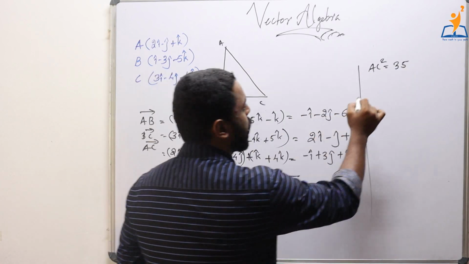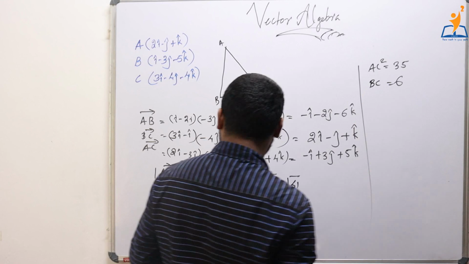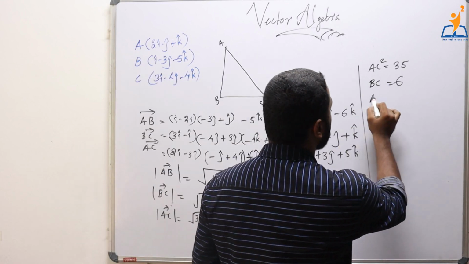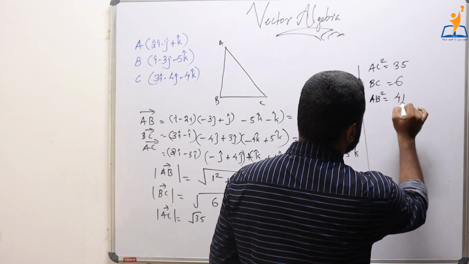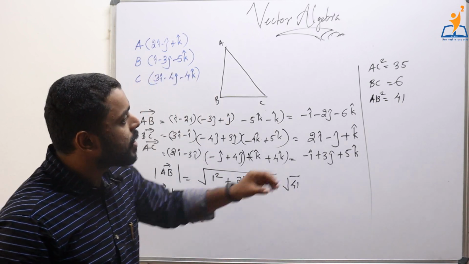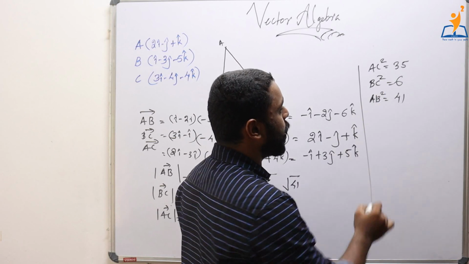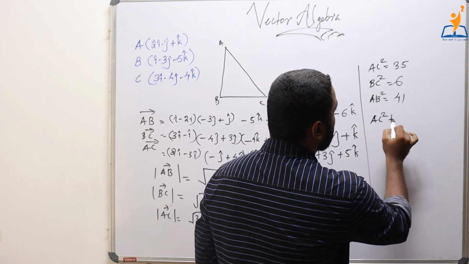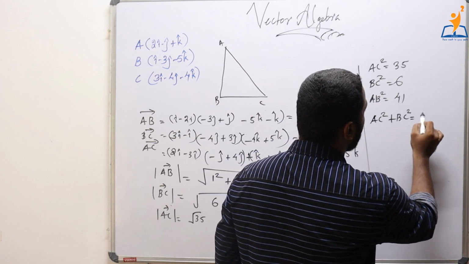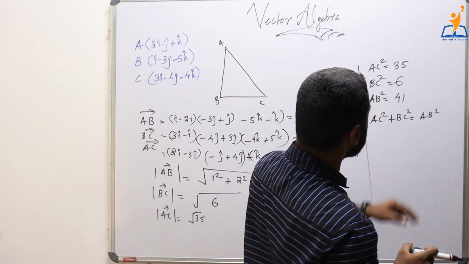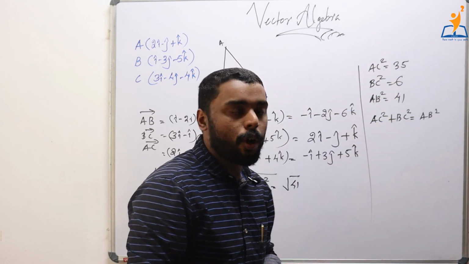Similarly, BC square is nothing but 6 and AB square is nothing but 41, since AB is root 41. See, AC square plus BC square equals AB square here, since 35 plus 6 is nothing but 41.